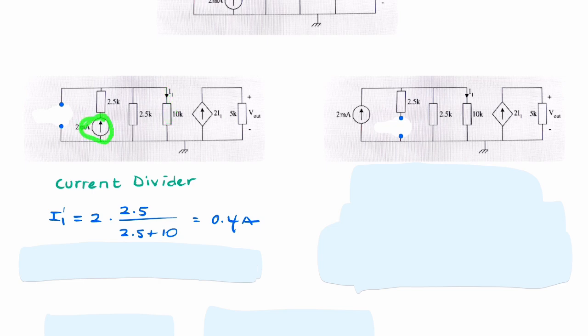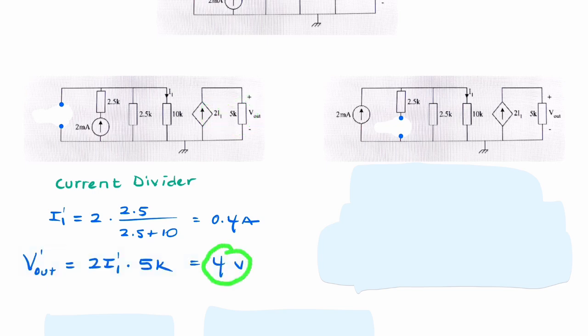So it's 2 milliamps multiplied by 2.5 divided by the sum of the 2 resistances. So that gives you 0.4 amps going down here. That means we would have twice that going up there, 0.8. And if you multiply that by 5, that gives us 4 volts. So that's the potential V out without this independent source.